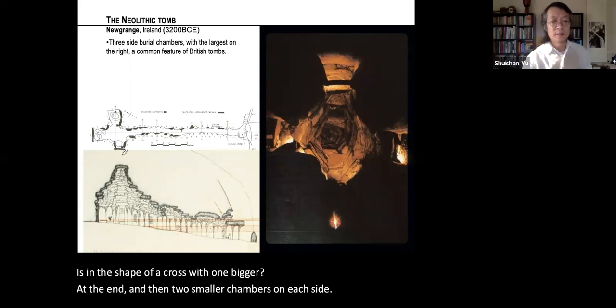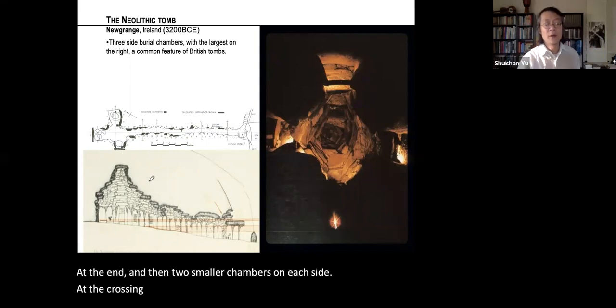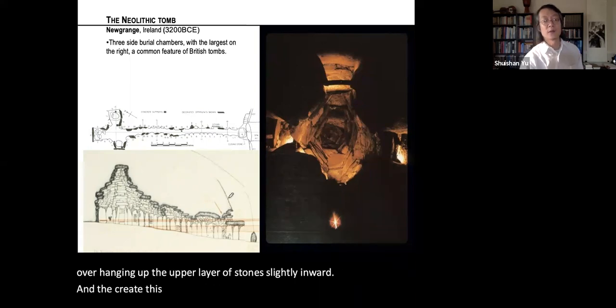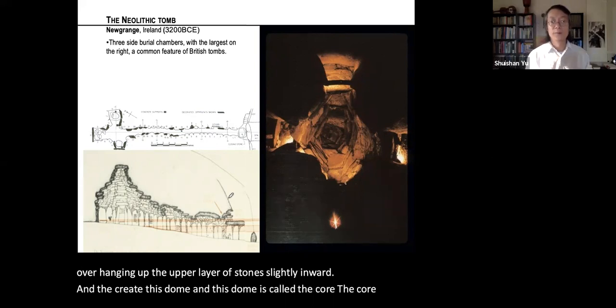At the crossing, the ceiling formed a domical structure, and that dome was created by overhanging the upper layers of stones slightly inward, and this dome is called the corbelled dome, right?